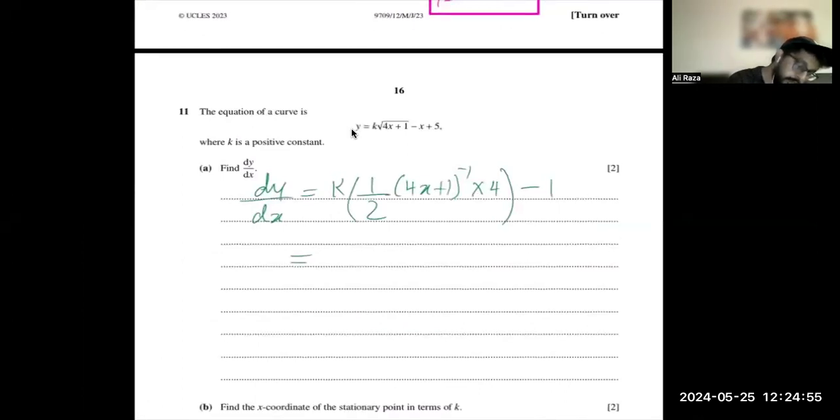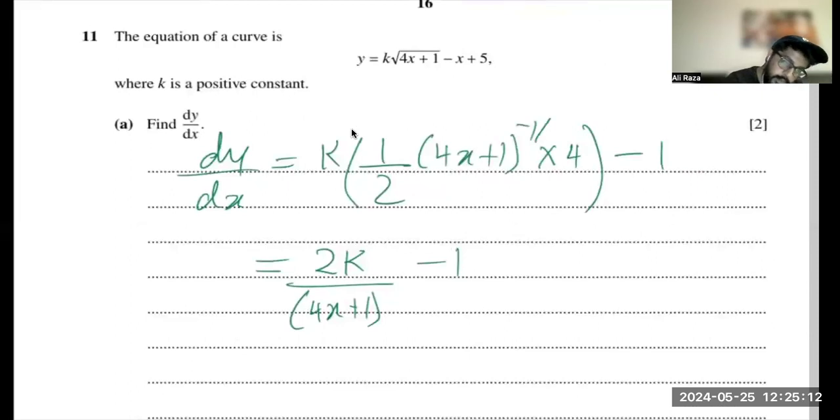This simplifies to 2k upon 4x plus 1 power minus 1 over 2, so this would be under root of 4x plus 1, minus 1.